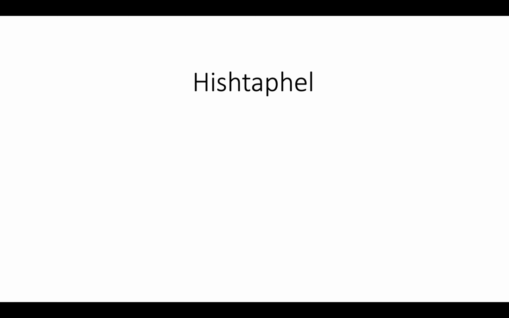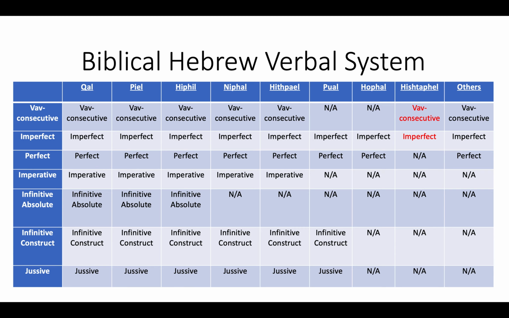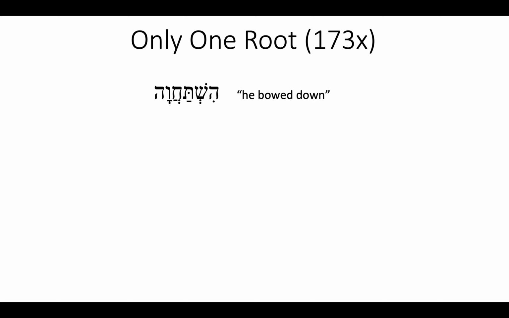Now, our next category that we'll talk about is the Hishtafel. So that's kind of getting way off over to the right here in our chart. We just have Vav consecutives and imperfects. We only have one root for this particular vowel pattern, and the root is Het Vav He.